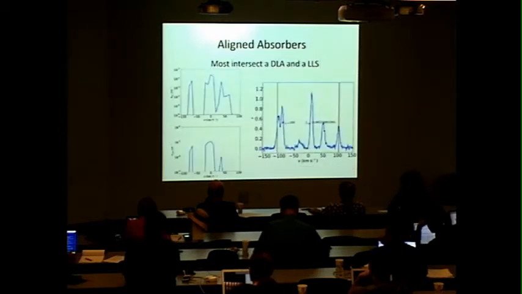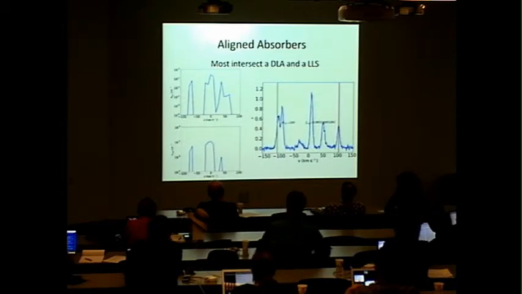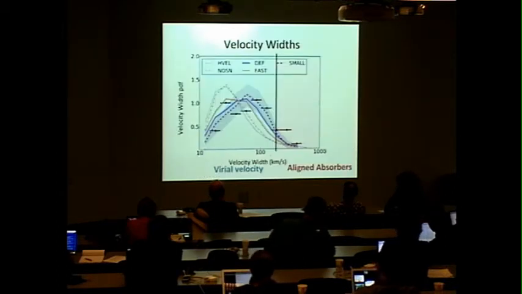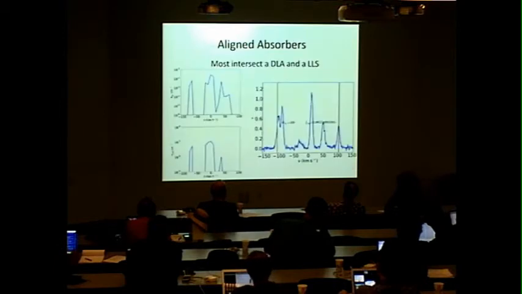So here's an example of this. This is a spectrum that has been fired through two absorbers. This is the neutral hydrogen density, and this is the silicon density. So you can see there's a DLA just here, and here there's a Lyman limit system. And again, this has some metals in it. This has more metals in it. So that's how we're getting these very large velocity widths here. You're firing it through two absorbers, which happen to be connected.